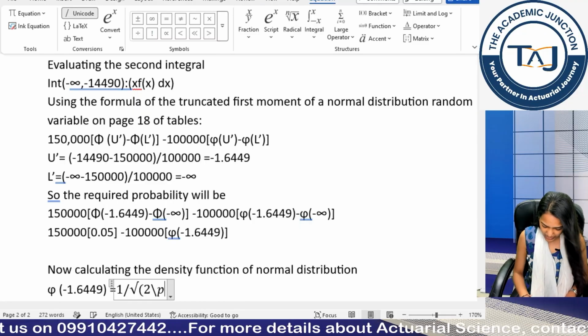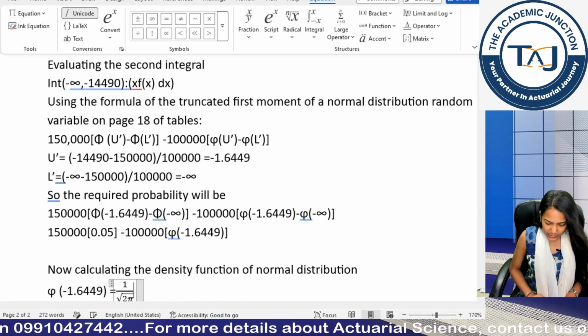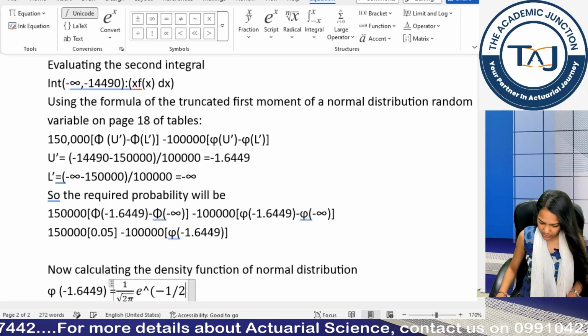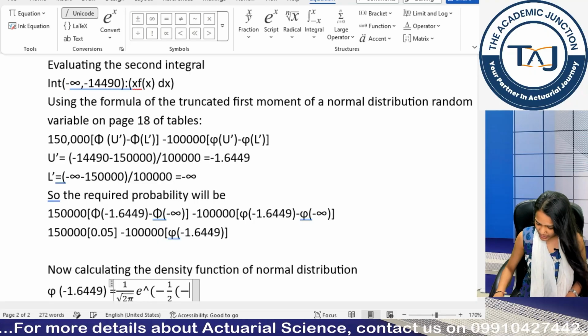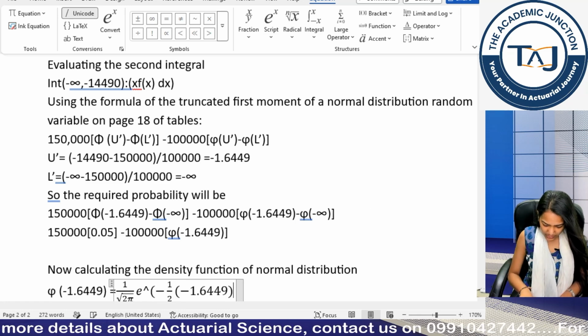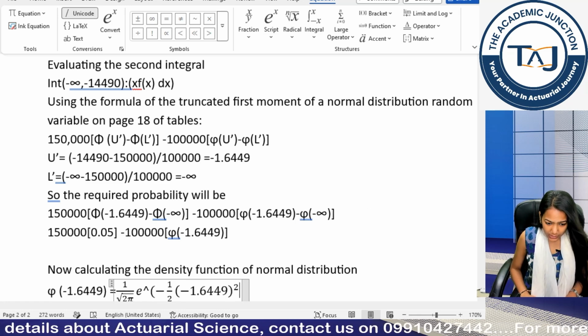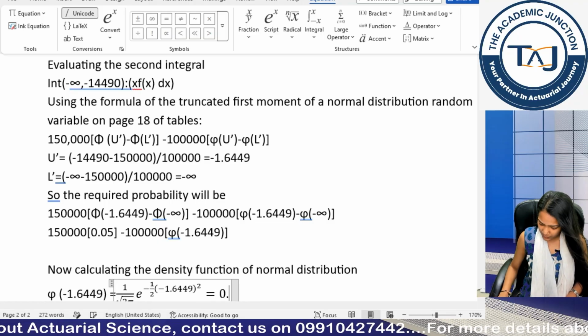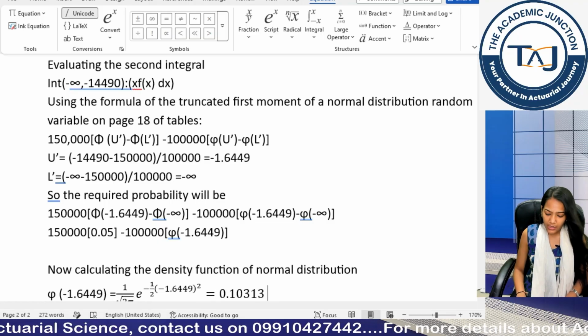Now we have everything in the e to the power, so minus 1 by 2 brackets minus 1.6449, and we have a square term of this. Now I bring back to this. So this is equal to 0.10313 if you are using the calculator.